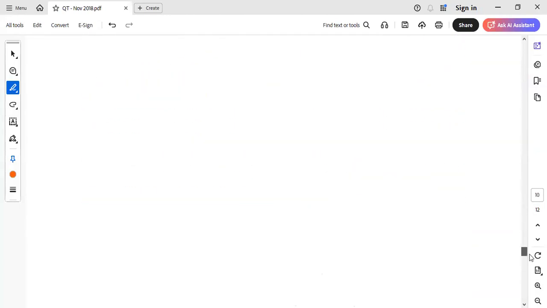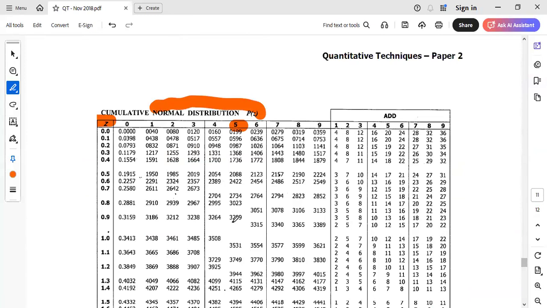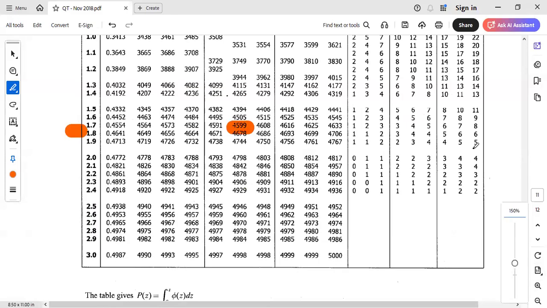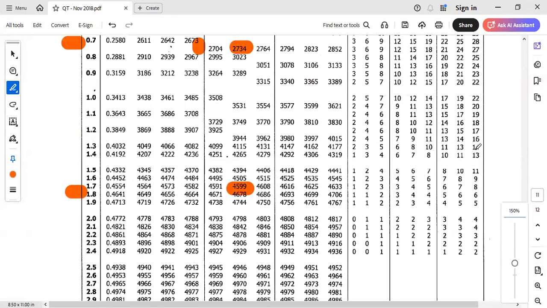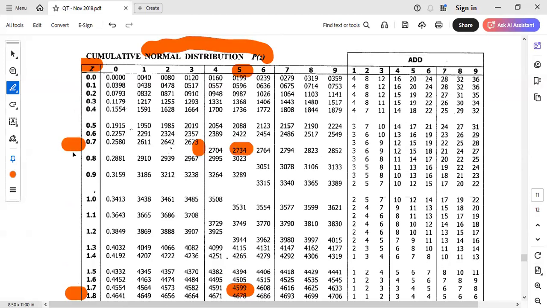Who has seen the first table? We need 0.75. That is the first one. Then you go to column 5 and read the meeting point. Are you seeing how things are moving? You need where 0.5 meets column 5.